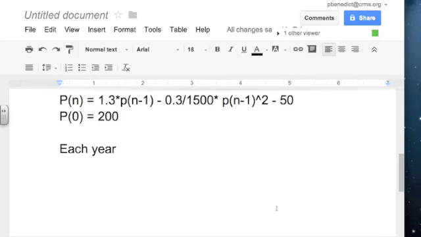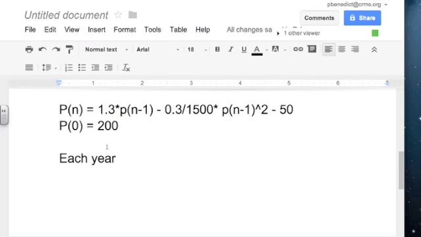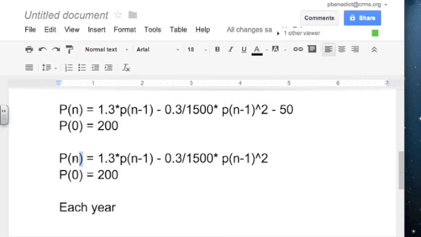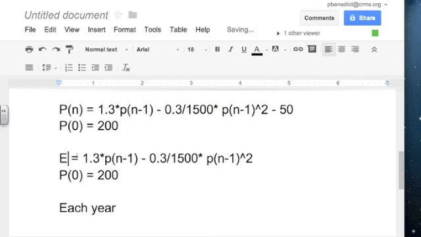Now, remember, when we find equilibrium values, we're essentially seeing when the new term is equal to the old term. And so we call it all E. And then we've got our minus 50 out here.